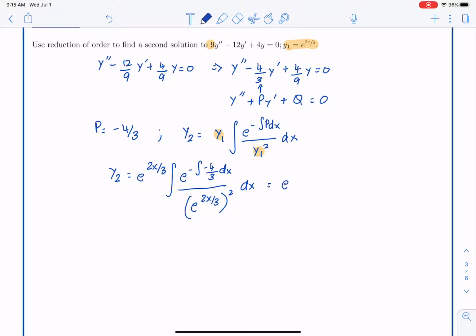So we have e raised to x divided by 3 integral e raised positive 4 over 3 integral dx over e raised 4x over 3 dx.